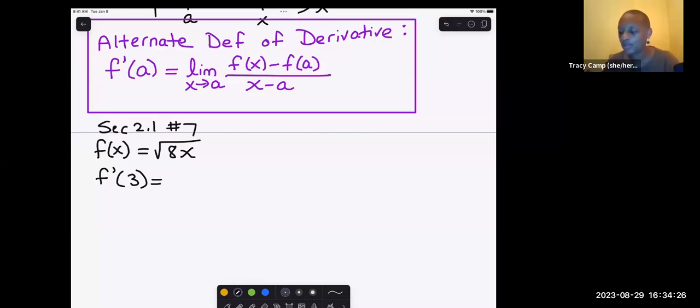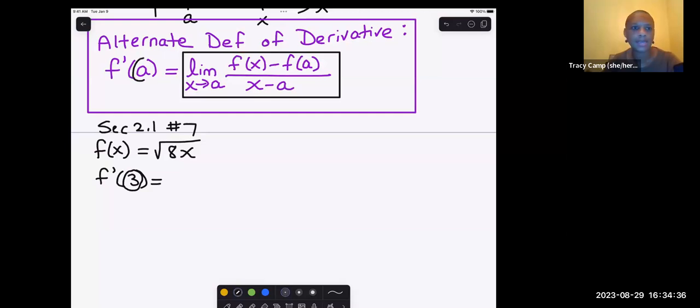We're being asked to use this definition right here, and our a in this situation is the 3. So I'll have the limit as x approaches a, and our a in this case is 3.